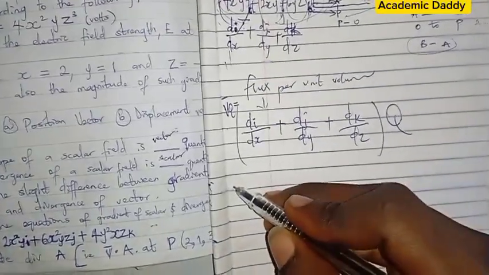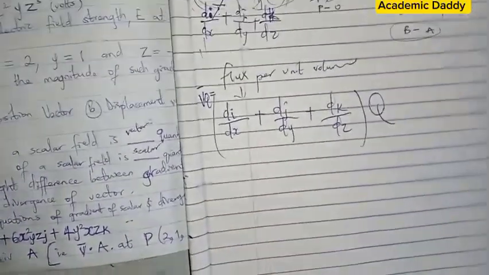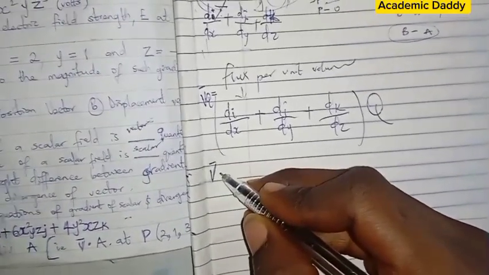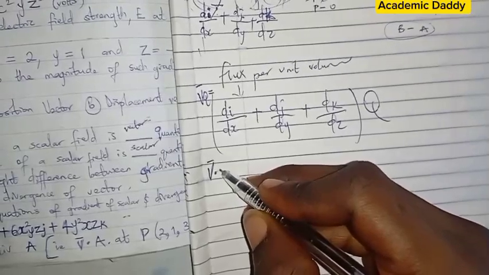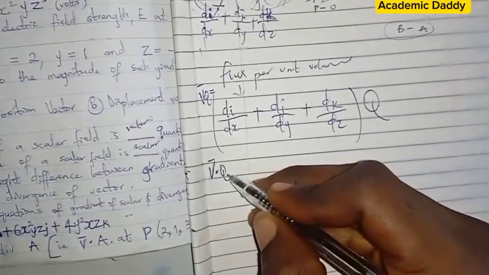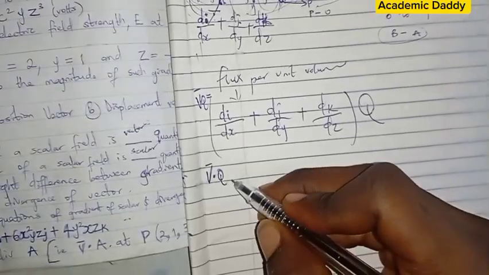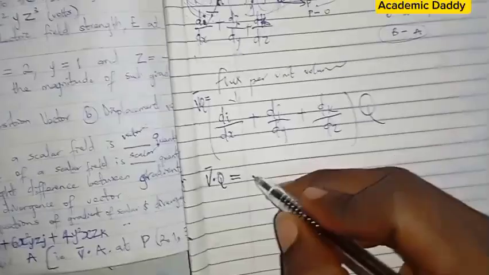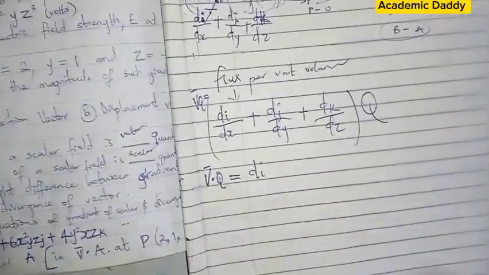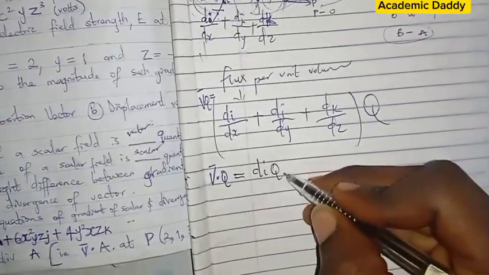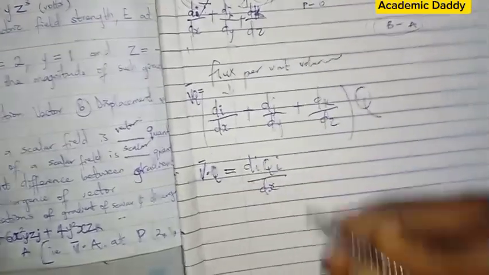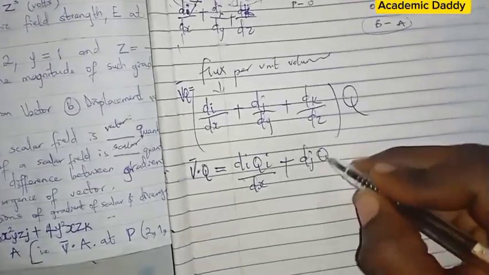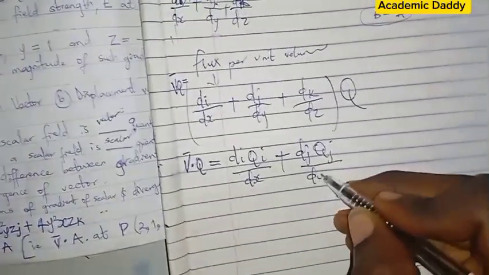Now for divergence, you need to know that another name for divergence is the dot. So the derivative dot product of a vector field, V dot Q, will simply be the same thing as saying the i, then part of this Q that is carrying i, all over the x, then plus the j, then part of this Q that is carrying j, all over the y.